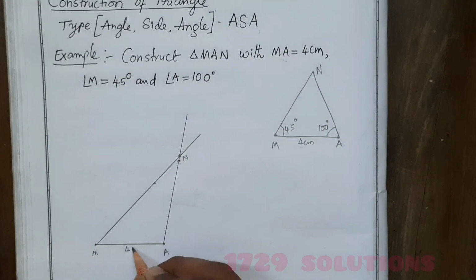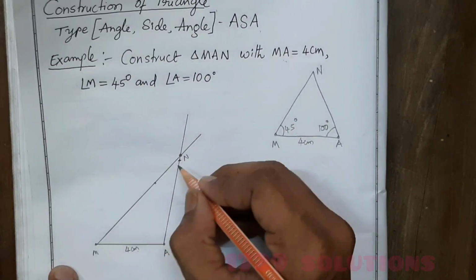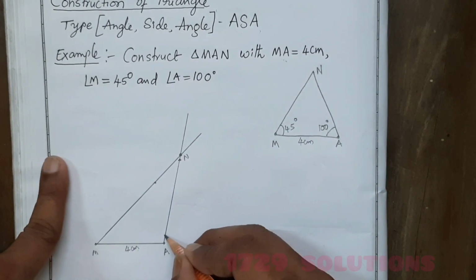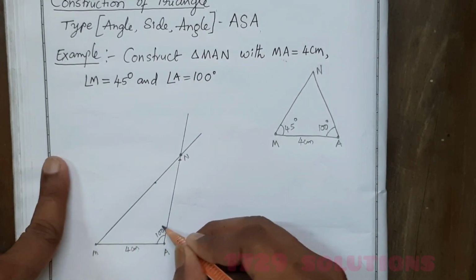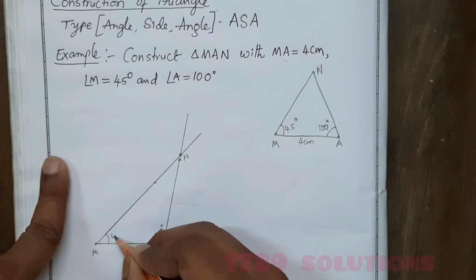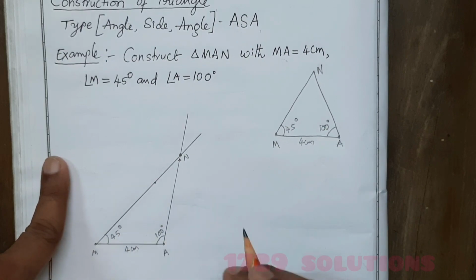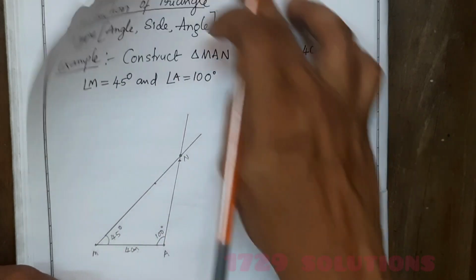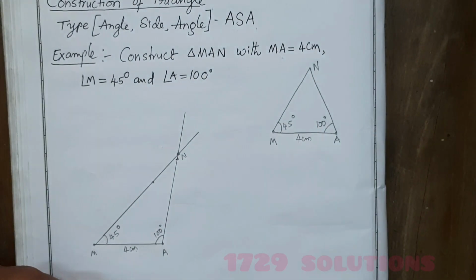The measure of MA is 4 centimeters, angle A equals 100 degrees, angle M is equal to 45 degrees. So this is the required triangle for the given construction example.